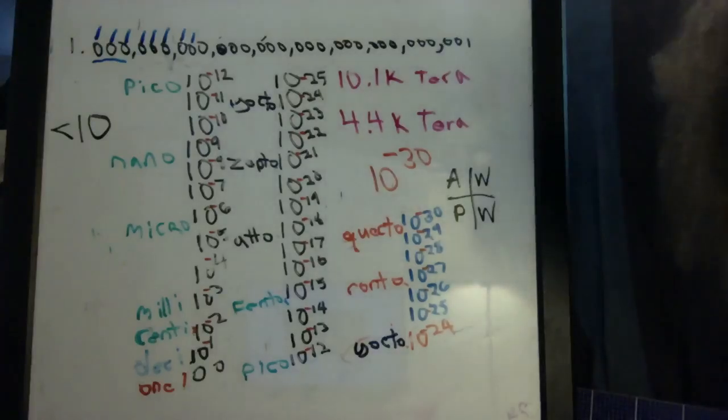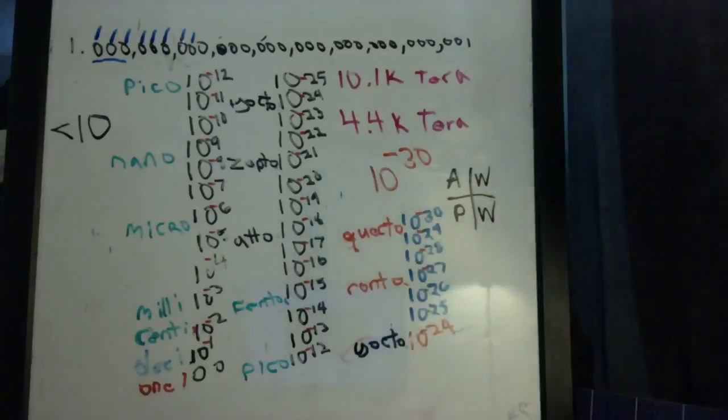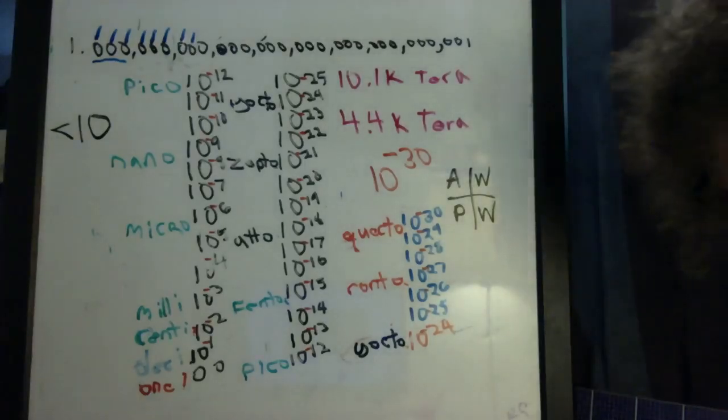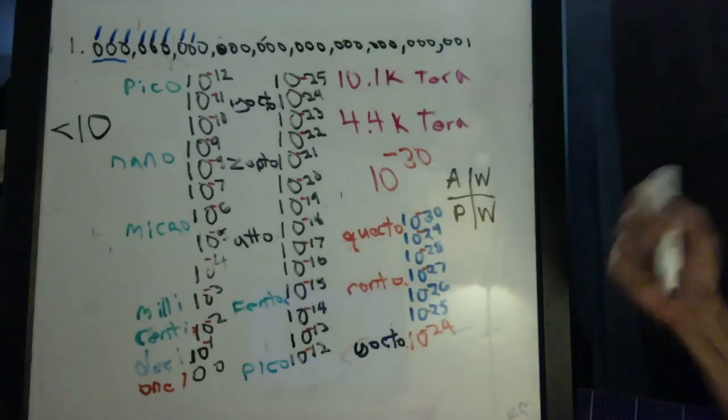And sextillions is zepto. And then all of these have other symbols. Milli. Let's put some other symbols in there. All the synonyms. Okay, let's do that.